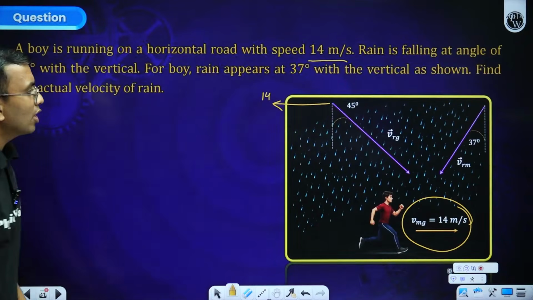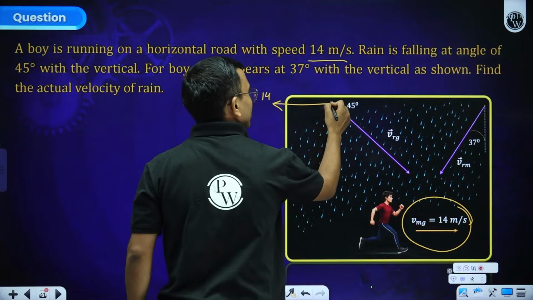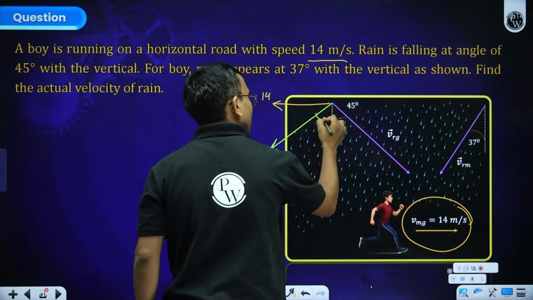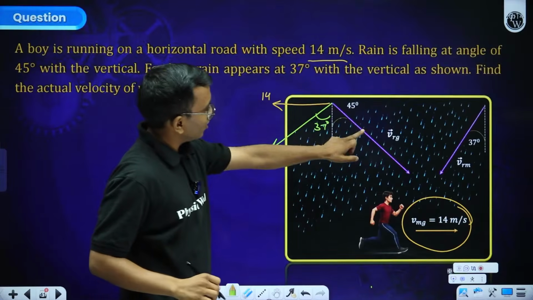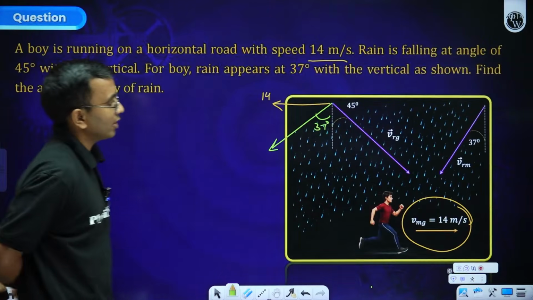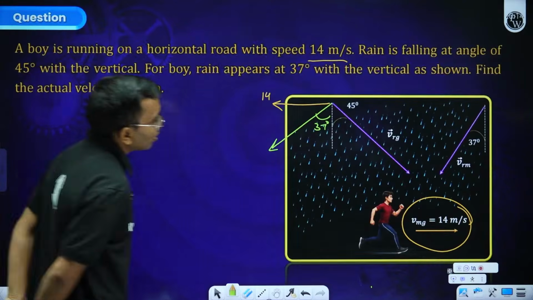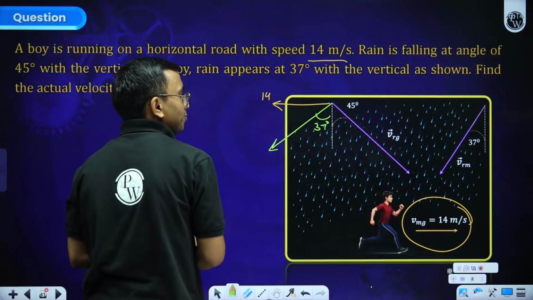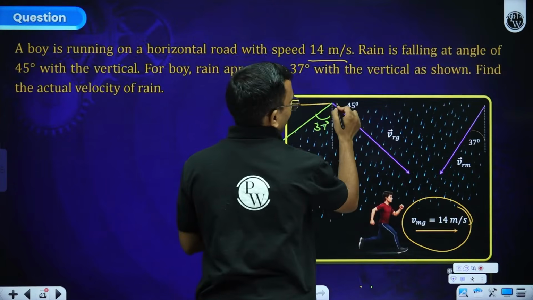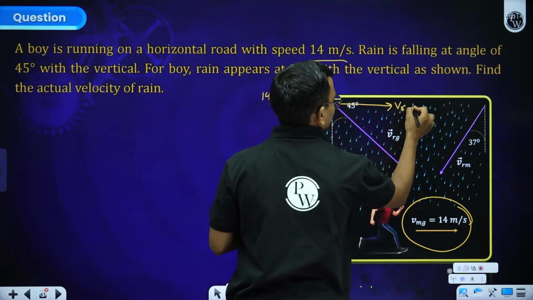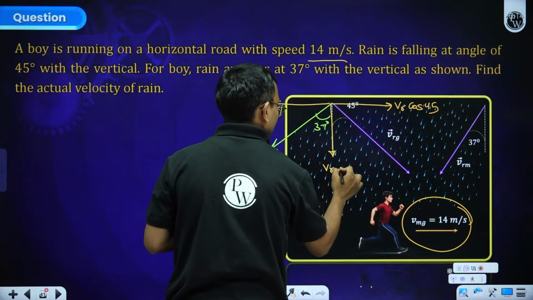The resultant of these two vectors comes at an angle of 37 degrees with the vertical, like this. Then we need to find the length of this vector. Let us take the components here. Velocity of rain with respect to ground: this will be velocity of rain cos 45, and this will be velocity of rain sin 45.